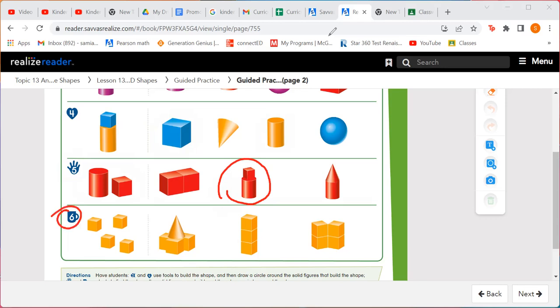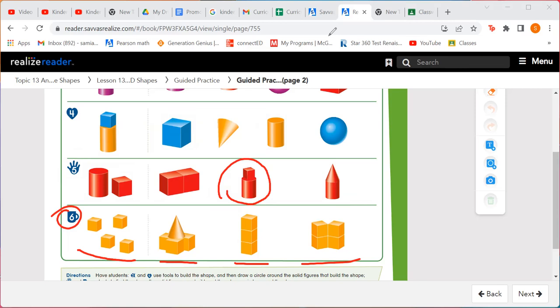Let's look at number 6. There's 4 cubes. So which of these shapes were made using those 4 cubes? They have to include all of them, and they can't have any extras.